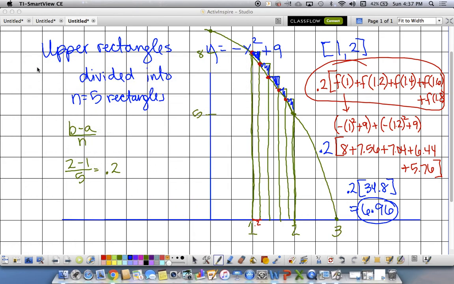I want to look at this exact same curve over the exact same interval, but this time instead of having 5 intervals, 5 sub-intervals of this 1 to 2, what if we had, let's say 8 intervals, okay?